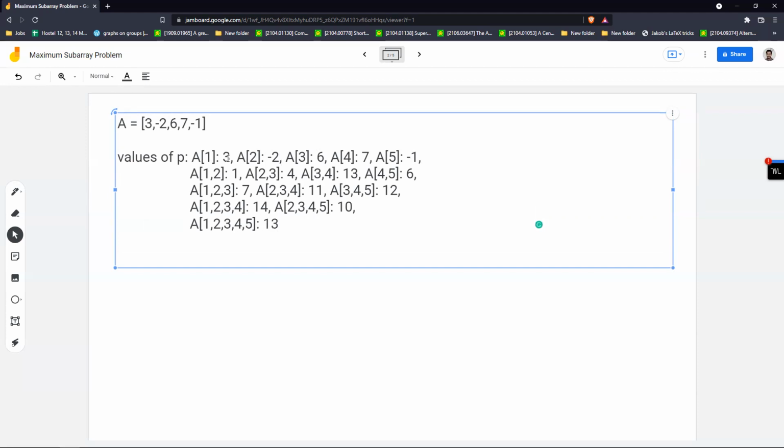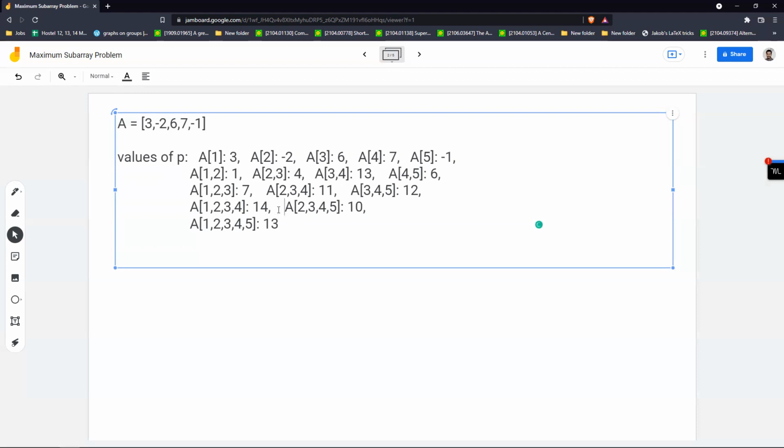The sum is 13. If you look at all these values, the maximum possible value is 14.